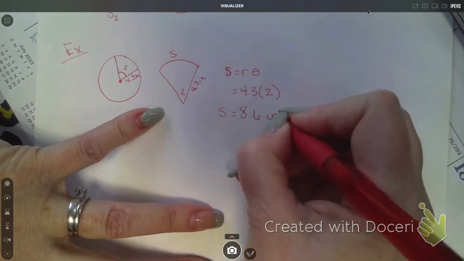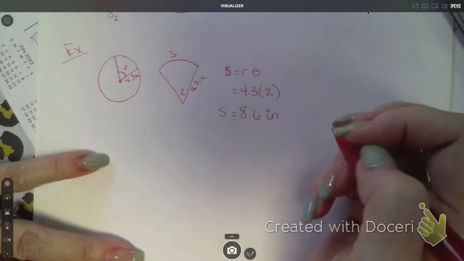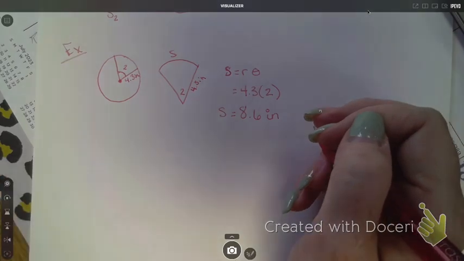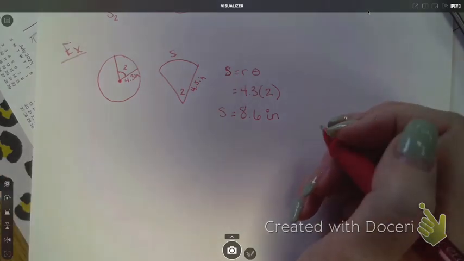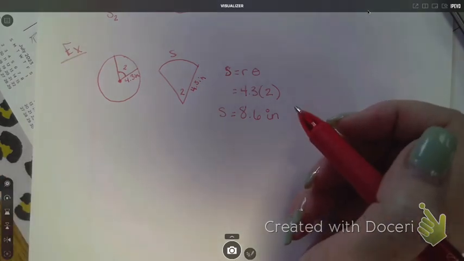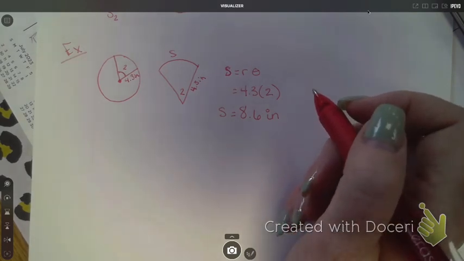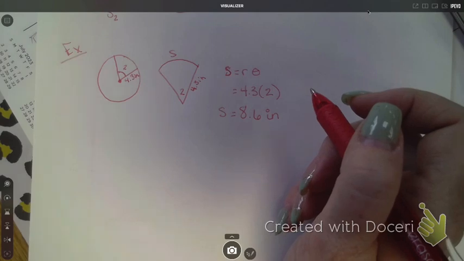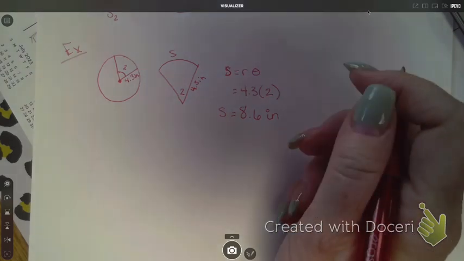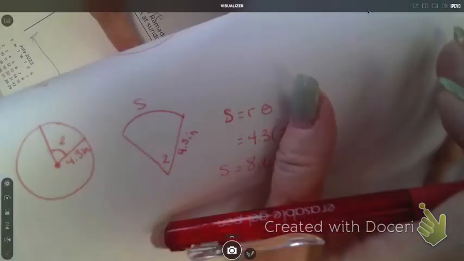Inches. Make sure you know what unit you're putting on there, right? Radius and sector length are going to get inches. Angle is not going to get a degree because it's going to be in radians, right? So do we have to write anything? No.